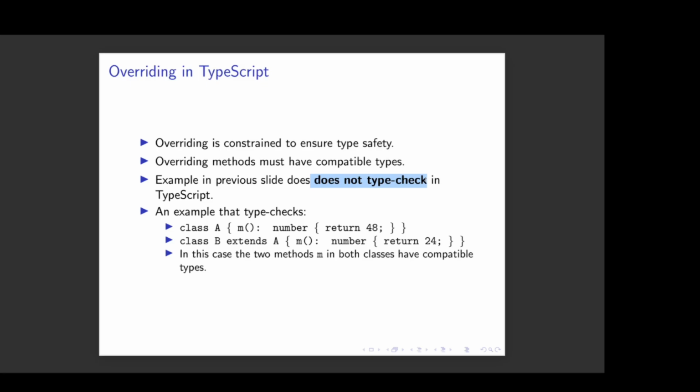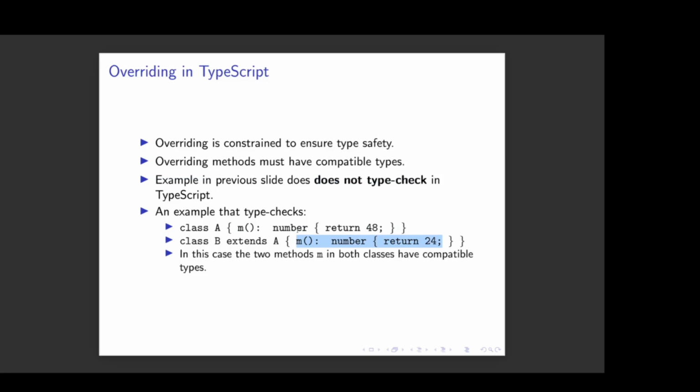TypeScript is going to complain that the type of M is not compatible. And here we can see an example that does type check. So if you have a class A with a method M that returns 48, a number, you can create a class B that extends A and then overrides M to return another number. So in this case, this works, of course, because the types are compatible.